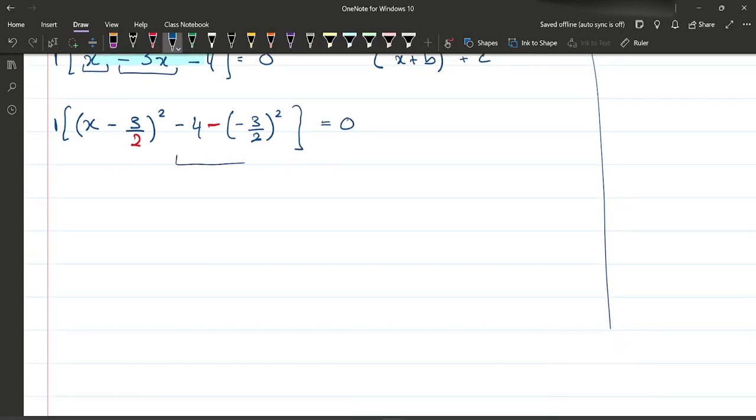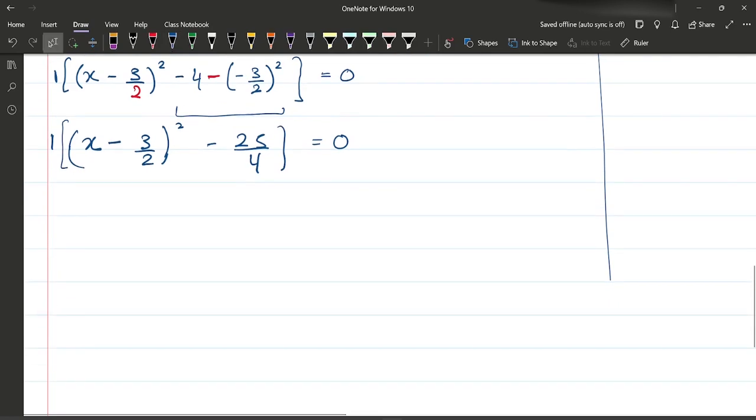Now simplify this, which is minus 4 minus 3 over 2 squared, gives you minus 25 over 4. And x minus 3 over 2 squared. And we're still multiplying by 1, don't forget that. The only reason I'm showing you 1 is because if it were any other number, you would have to take this a step as well.